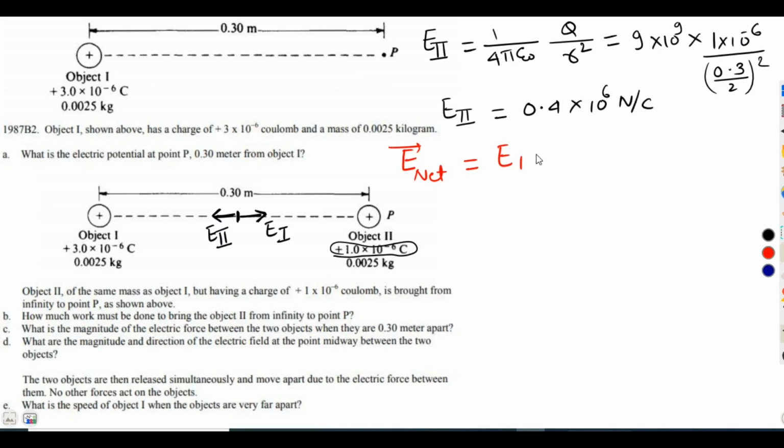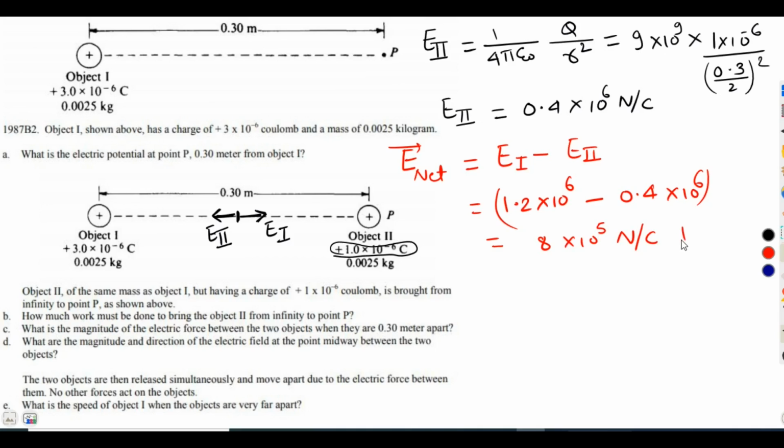Since E1 has the greater value, the net direction will be in the direction of E1. E1 was 1.2 into 10 raised to power 6 minus 0.4 into 10 raised to power 6. After subtracting, we will get 8 into 10 raised to power 5 Newton per Coulomb towards the right hand side.